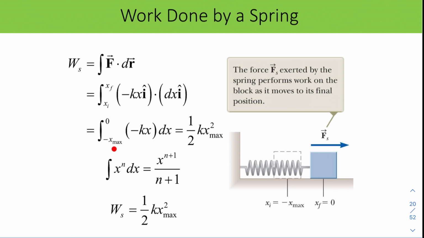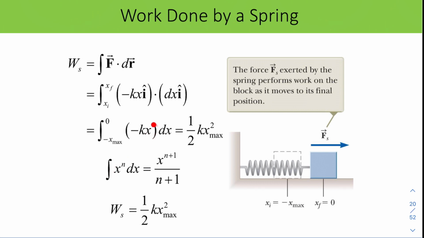Starting from negative x maximum up to 0, we are taking from the position here up to this, right? So we integrate this one, and we will get half kx maximum squared. How do we get this? Based on x to the power n, because k is a constant, right?